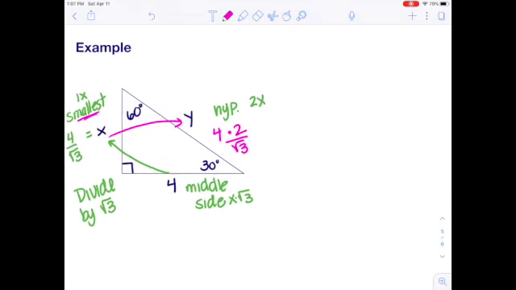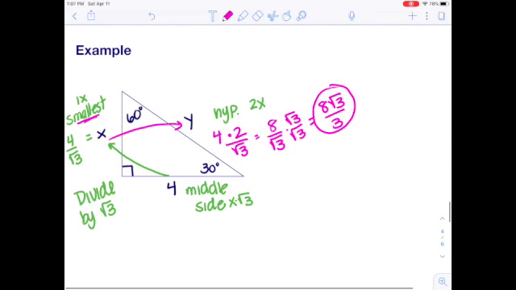So y would equal 4 times 2 over square root of 3, which you can see the ratio pretty easily before we rationalize. So this will give you 8 divided by rad 3, and then let's rationalize. So square root of 3, square root of 3, that gives you 8 rad 3 over 3 for your hypotenuse. And I'll show the work of rationalizing my smallest side, 4 over rad 3.